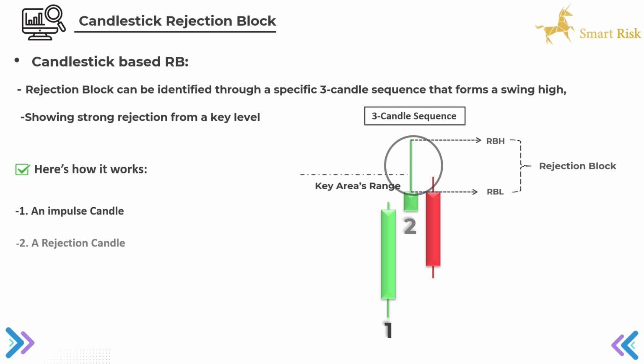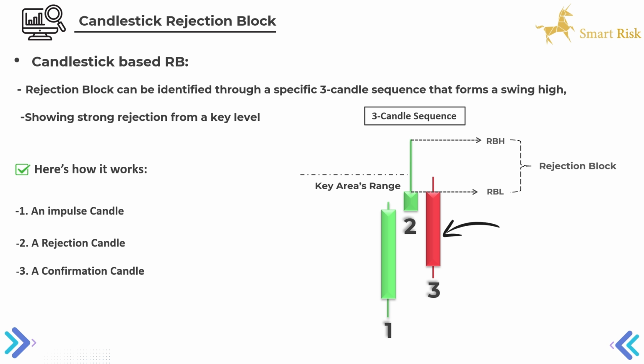A rejection candle, which is a sharp rejection with a long wick. Eventually, a confirmation candle, which closes in the opposite direction, confirms that smart money has taken control and that the price is now reversing. Once all these conditions are met, the entire upper wick of the middle candle becomes our bearish rejection block. The same concept applies in a bearish scenario, where the three-candle sequence forms a swing low instead.